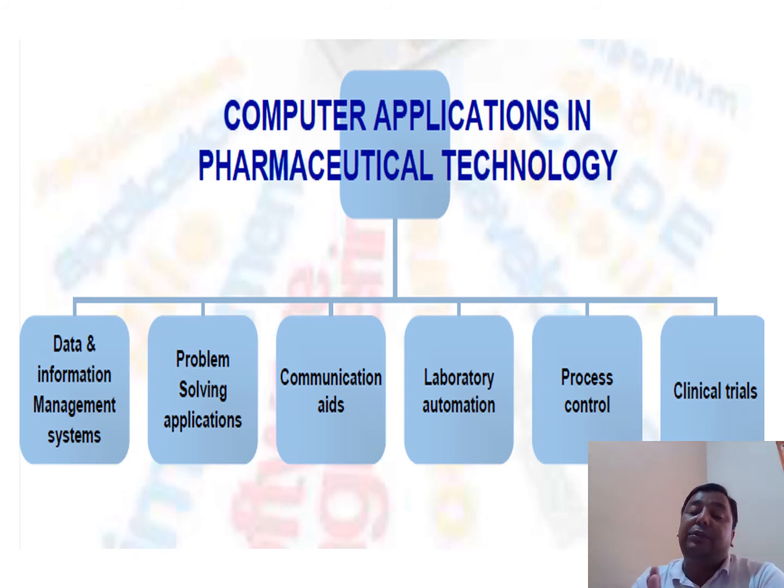In that aspect, two systems were created: one was the data information system, and the other was the management information system. They were designed as a hub for problem-solving applications, and many communication aids and laboratory automation were introduced, along with process control and clinical trials. These are the applications of computers in pharmaceutical technology.